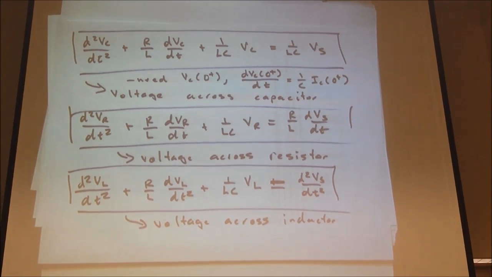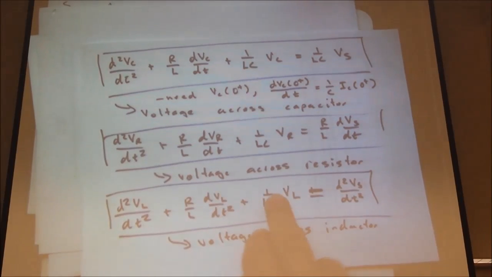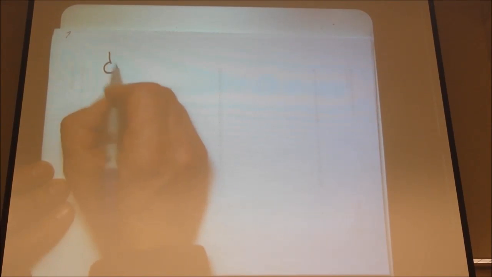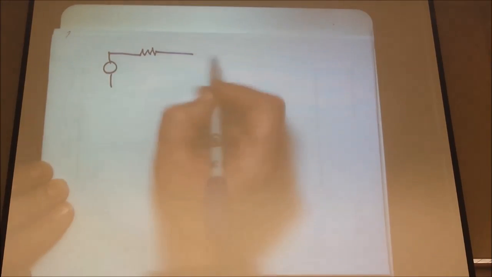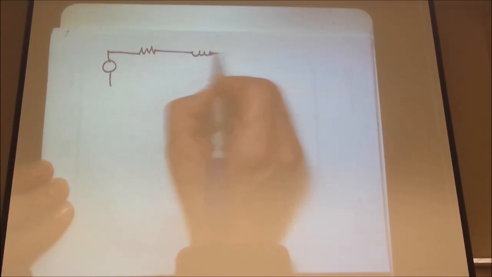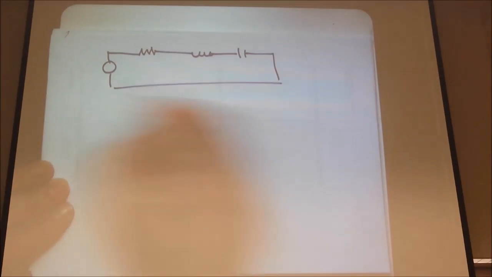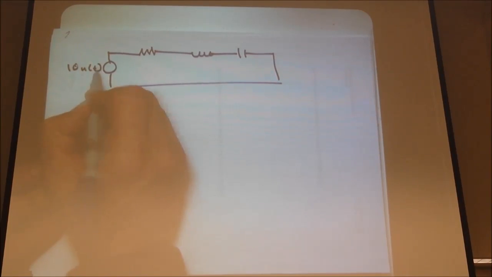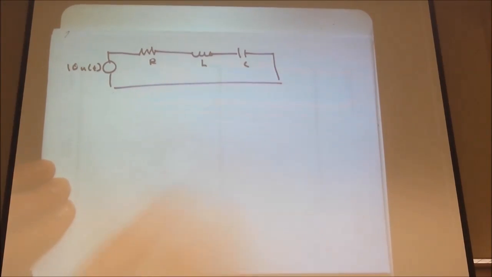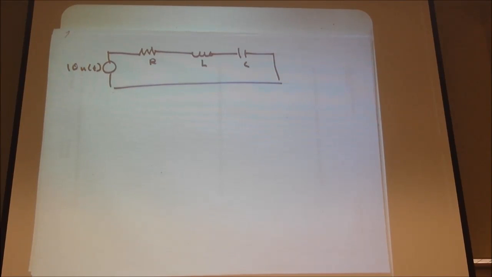Now this starts to come into the question of how do we solve these? Well, I mentioned that they are initial value problems. So we need information about our circuits. And we already started to touch on it, but we need information on our initial values.